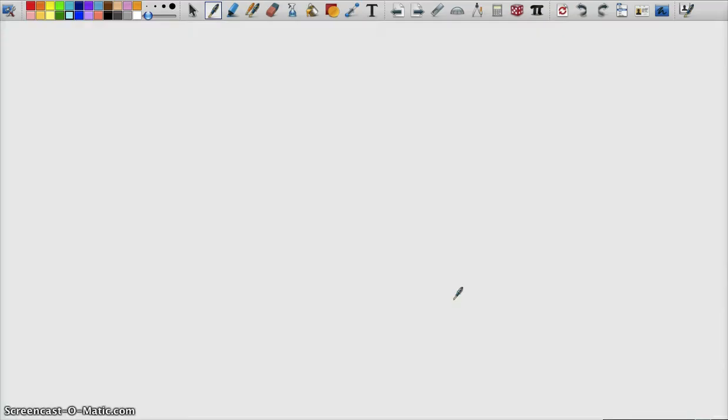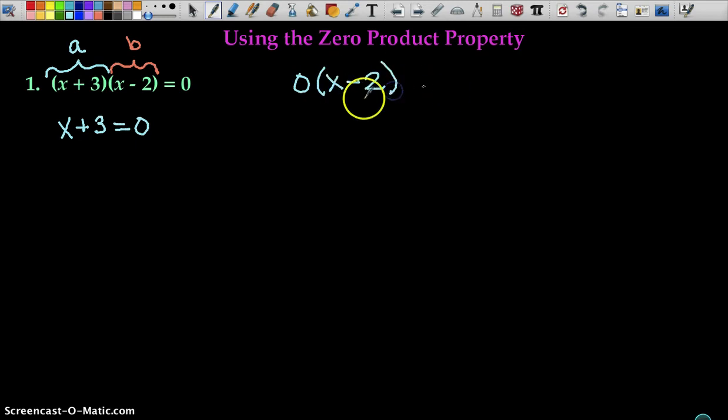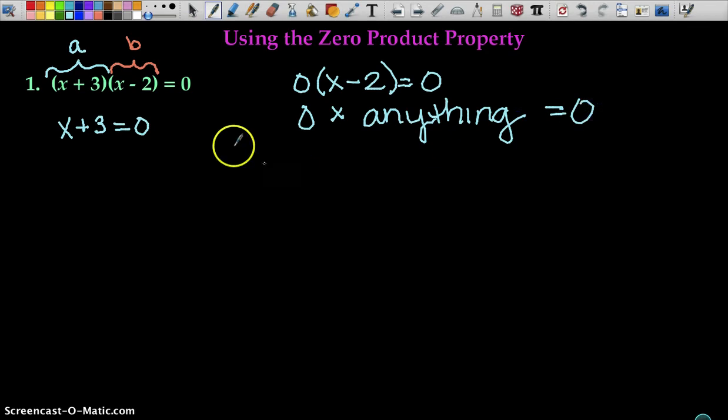Okay, so using that zero product property, think of this first binomial right here as your a term, and the second binomial right here as your b term. Well, if we were able to make this first set of parentheses equal to 0, we would have 0 times x minus 2, in which case it would just be 0, because we know 0 times anything is 0.